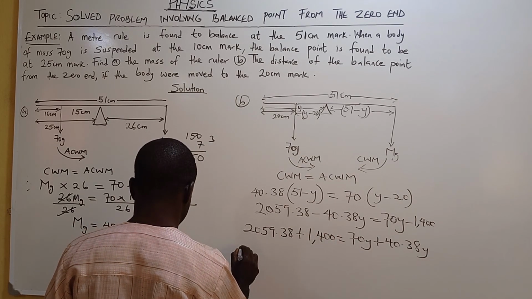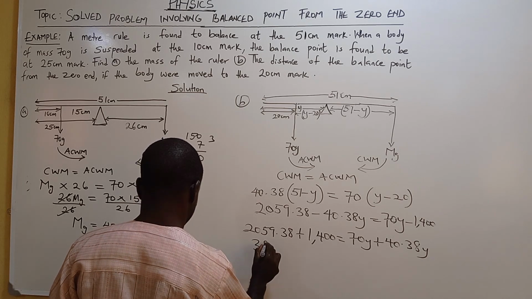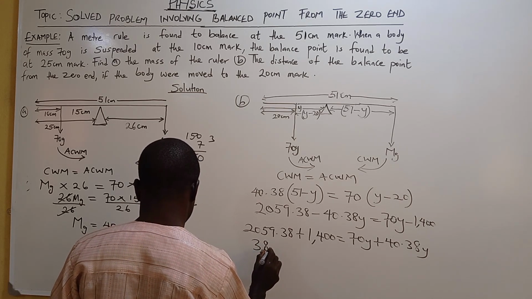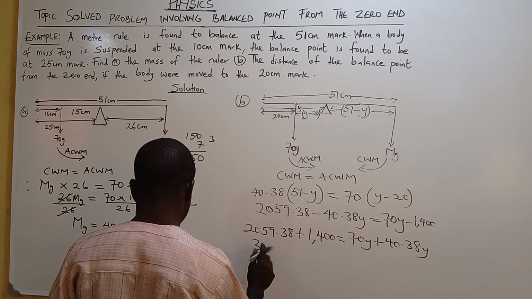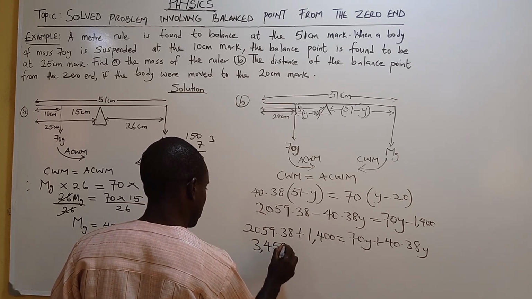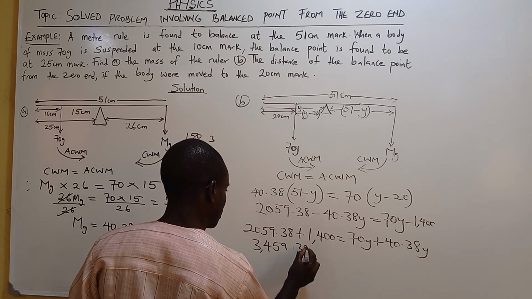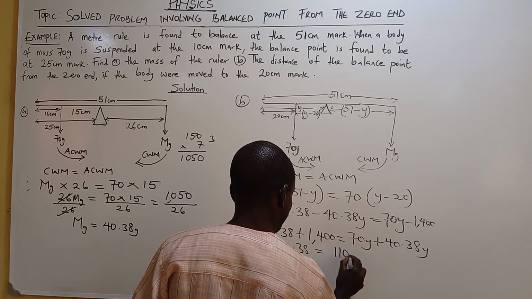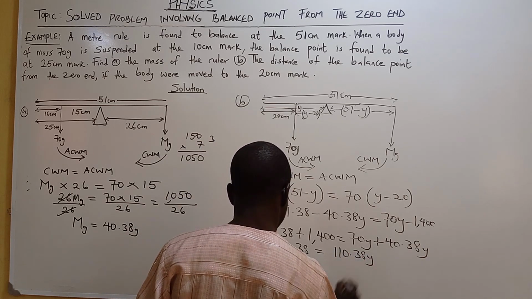When you add them together, you have 3459.38 equals 110.38y.